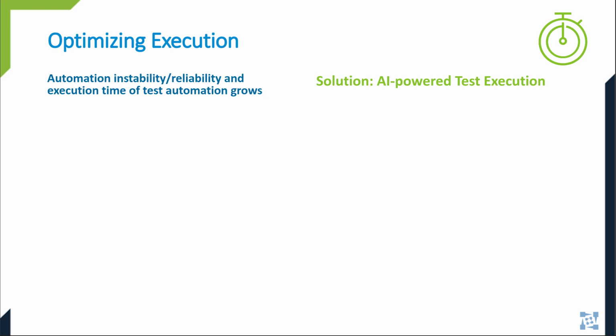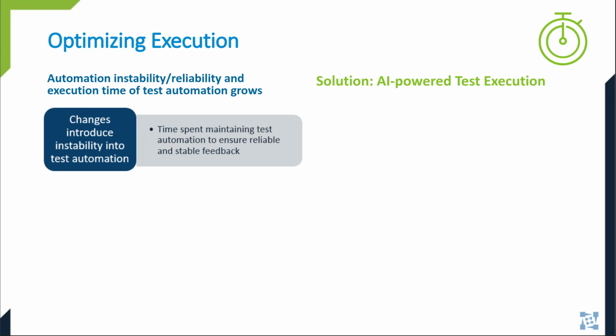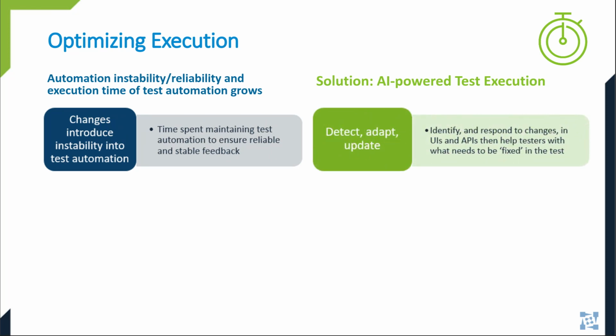Artificial intelligence integrated with test execution helps to address these issues. When changes introduce instabilities, AI can detect that a change occurred, adapt the test to manage the change, and update the test wherever needed to ensure it works properly. This makes your tests easier and quicker to maintain.